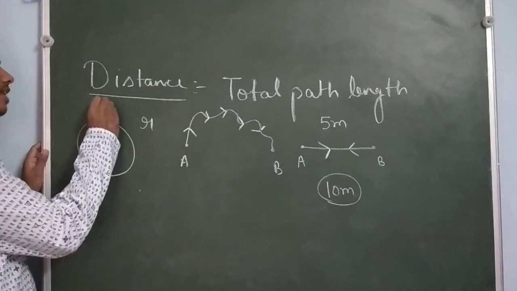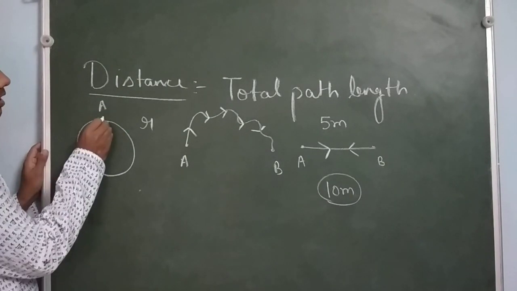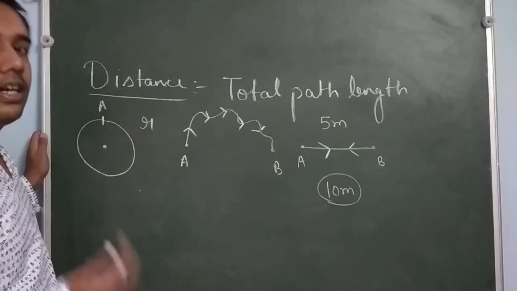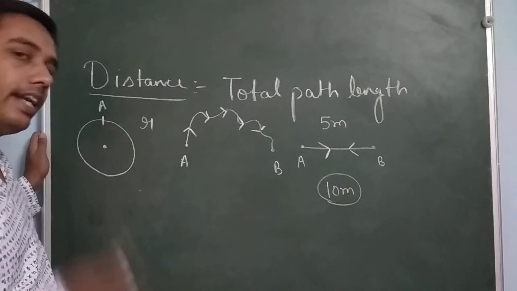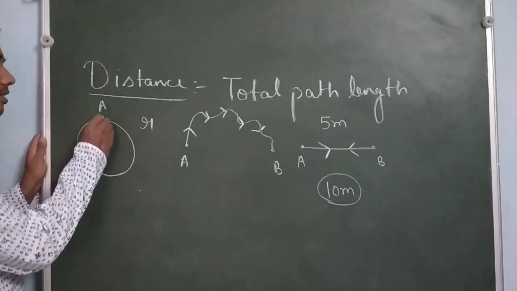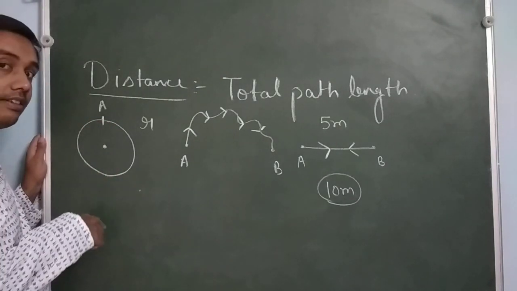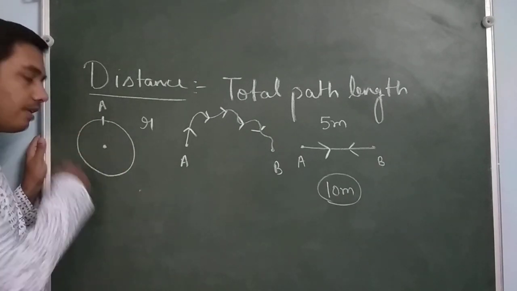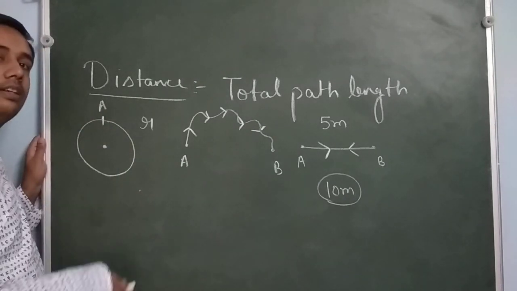So just suppose I am starting from point A and I have completed one revolution. One revolution matlab I have started from point A and have returned back to point A. That means distance covered by me will be equal to the circumference of the circle, because I am revolving on the boundary of the circle.